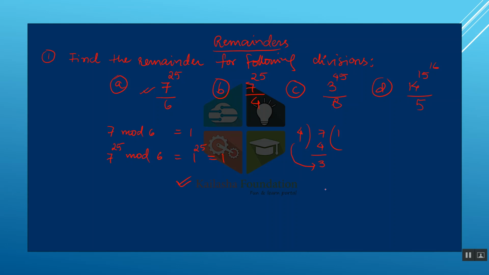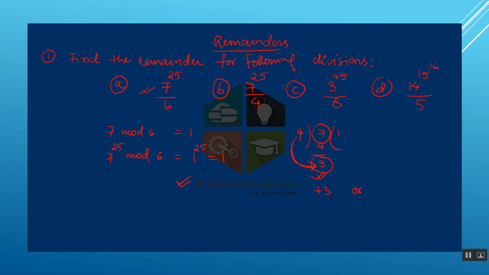We can write it like plus 3 or, comparing with this, if it was 8, 4 would completely divide 8. What was the deficiency which caused this remainder to occur? The deficiency was 1.